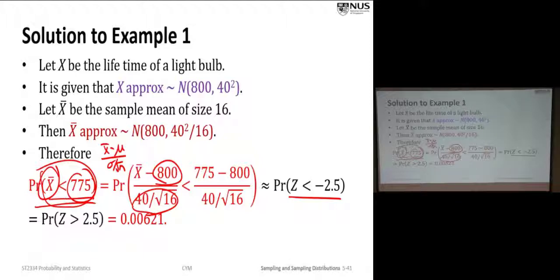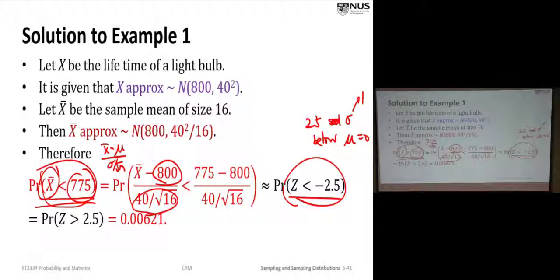For this statement, Z less than minus 2.5 means it is 2.5 standard deviations, that means sigma, below the mean, because it's minus. The mean is 0, and the standard deviation is 1. The negative sign means it's below. So what's the chance a standard normal is 2.5 standard deviations below the mean?